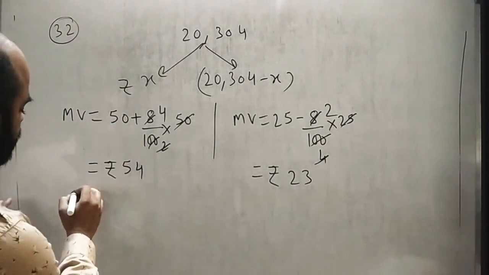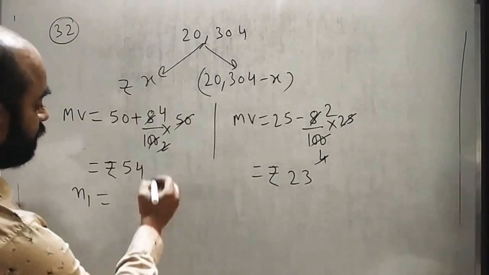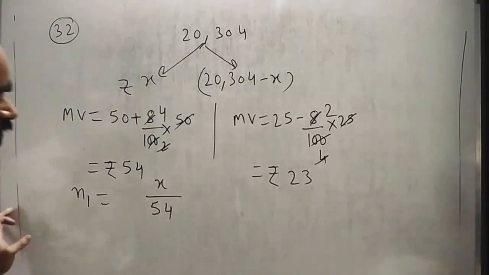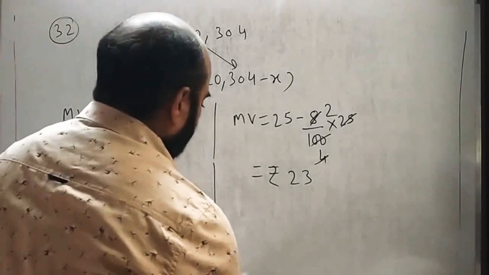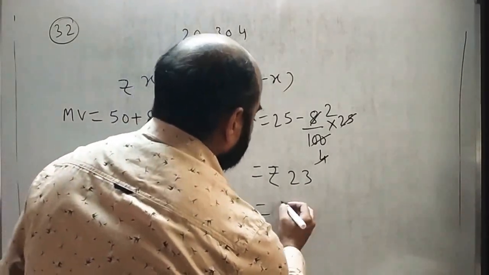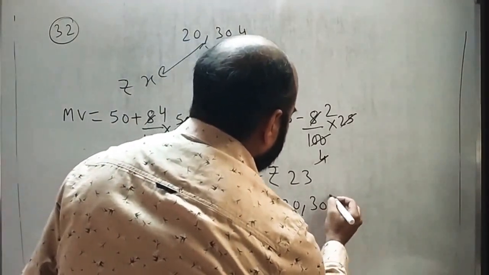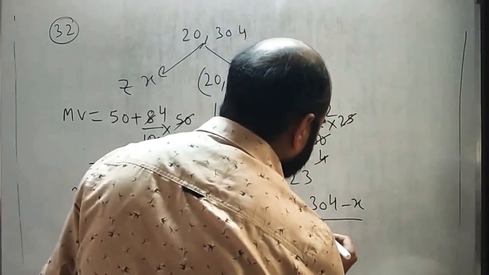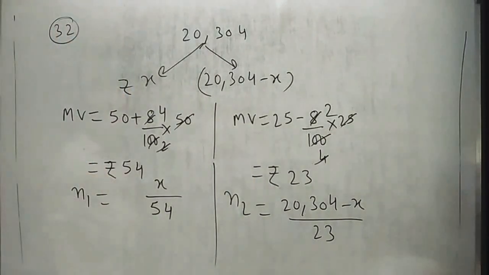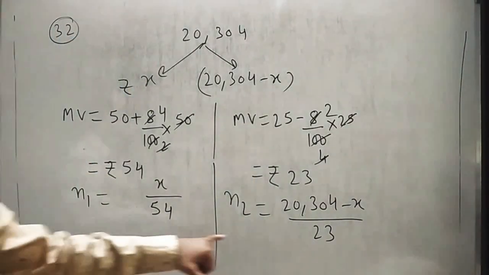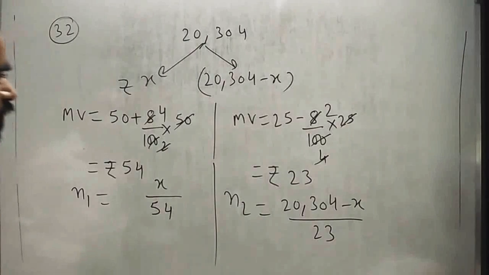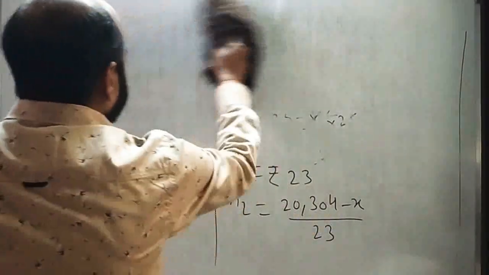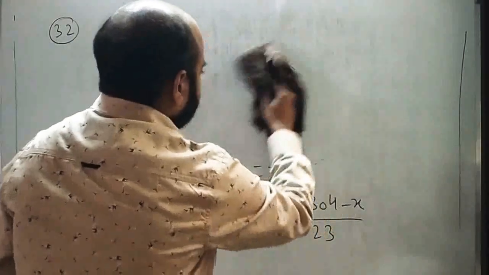So for this, what is the number of shares? Investment amount X, market value 54, correct? Here investment amount 20,304 minus X upon market values. So these are number of shares. Now we have to calculate incomes, and both the incomes are same.